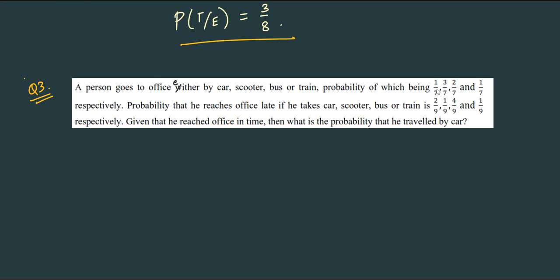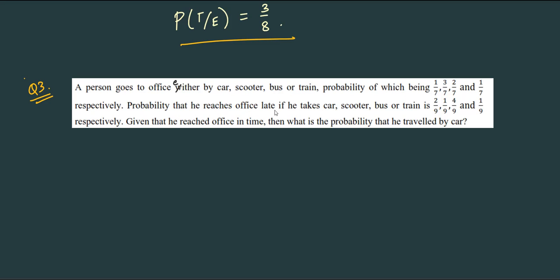The probabilities of which are 1 by 7, 3 by 7, 2 by 7, 1 by 7. By car, 1 by 7. By scooter, that is 3 by 7. He uses a bus, 2 by 7. And he goes by train, 1 by 7.